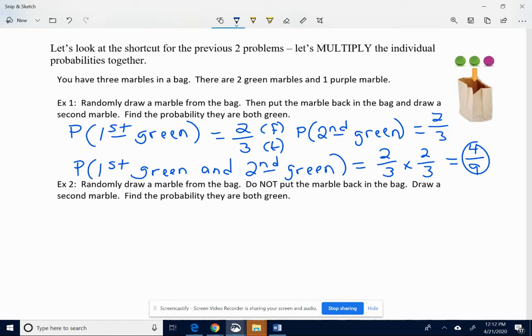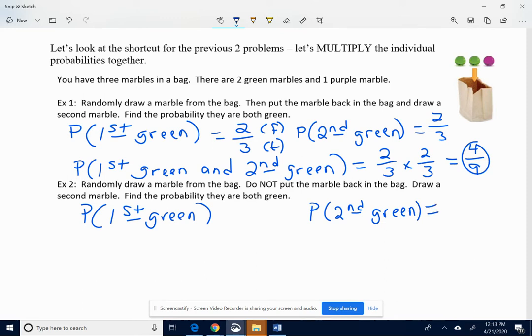Let's look at the other one. This time we're not putting the first marble back. So the probability of the first green and the probability of the second green, we're going to do those individually, and then we're going to multiply them together.